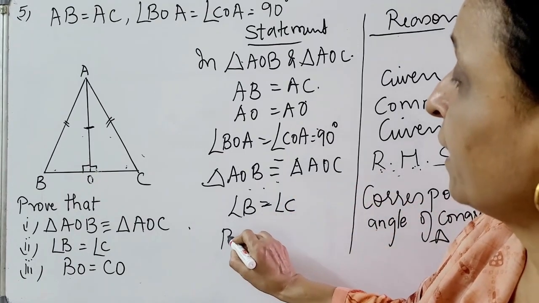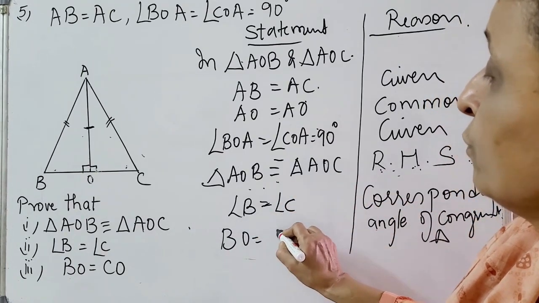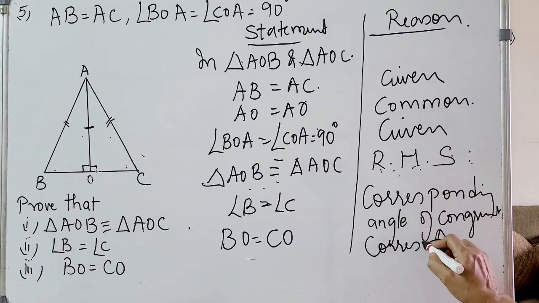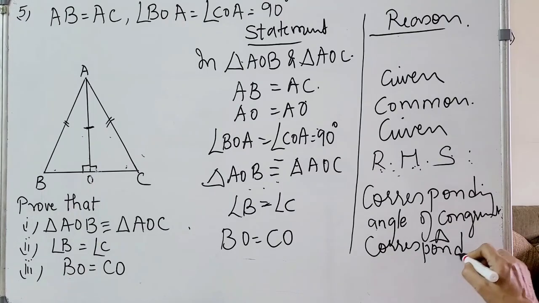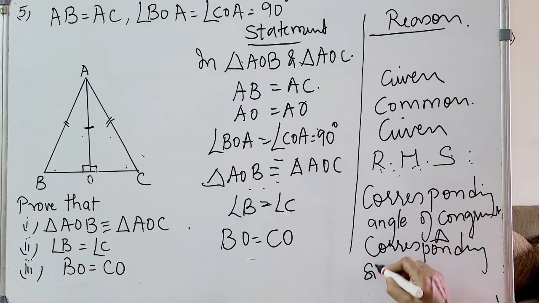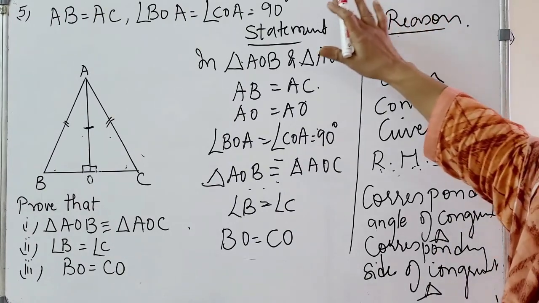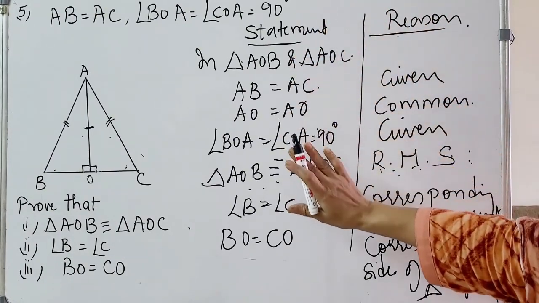Now comes the side BO equal to CO. These are the corresponding sides of the congruent triangles. So this is how you prove each step.